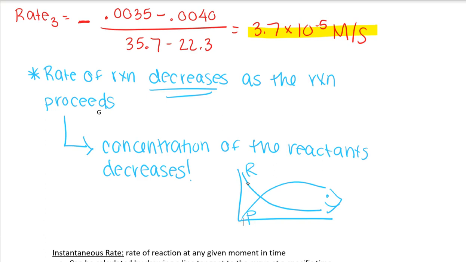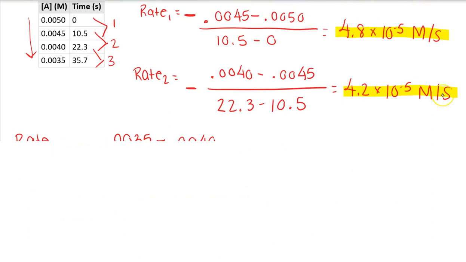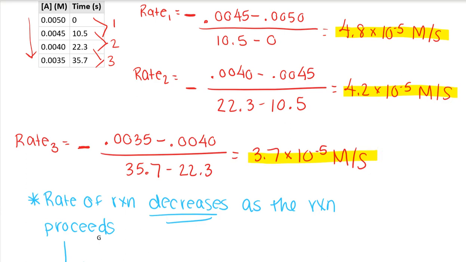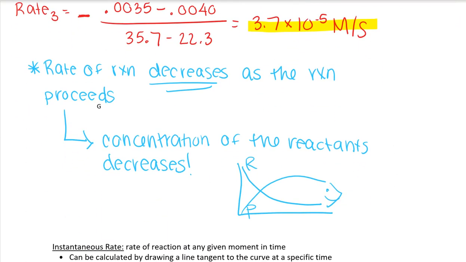The less reactants we have, the less collisions can occur. The less collisions we have, the slower the reaction is going to occur. So as we go from the first interval to the second to the third, we see that the rate of reaction decreases because we have less reactant molecules available.